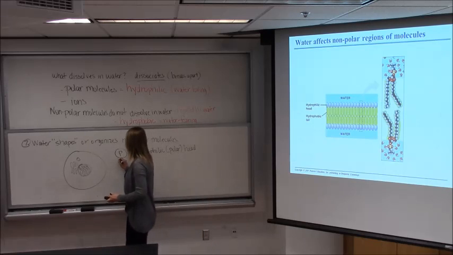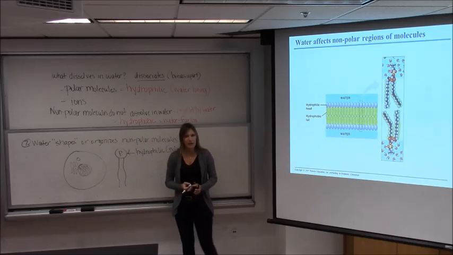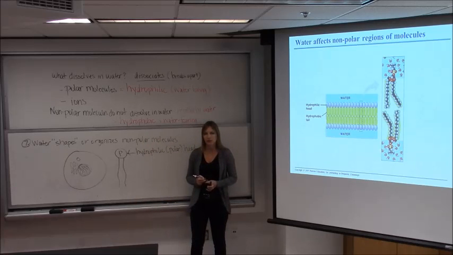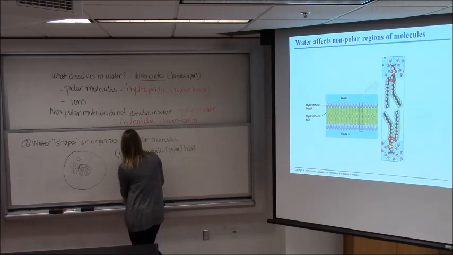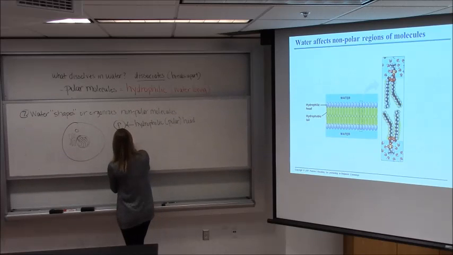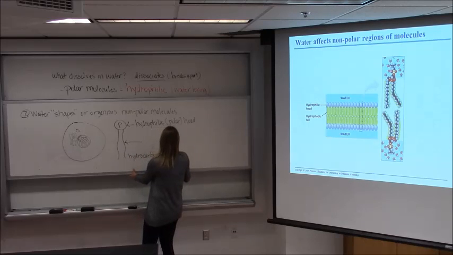And then we have 2 tails that are just made primarily of carbon and hydrogen. They're hydrocarbon tails. And hydrocarbons are just like fuels. If something's called a hydrocarbon, it means it's just made of hydrogen and carbon.